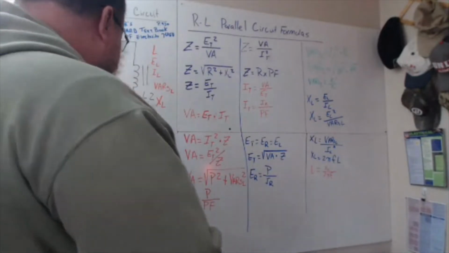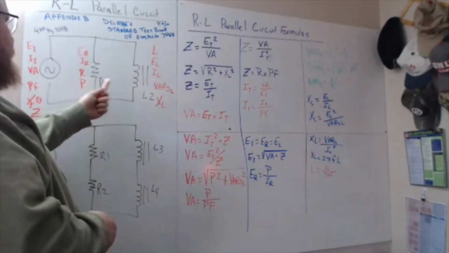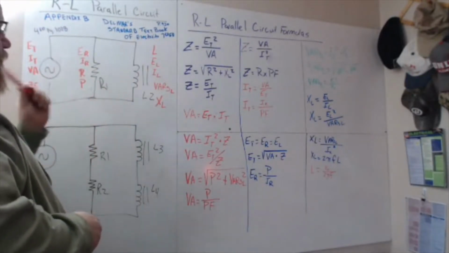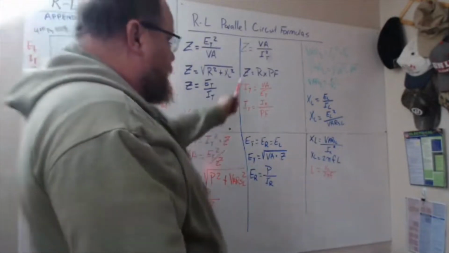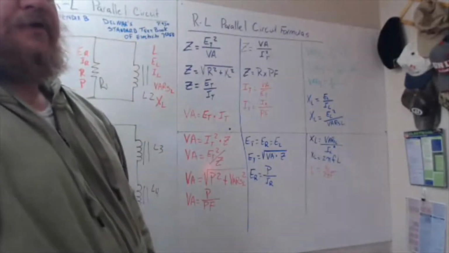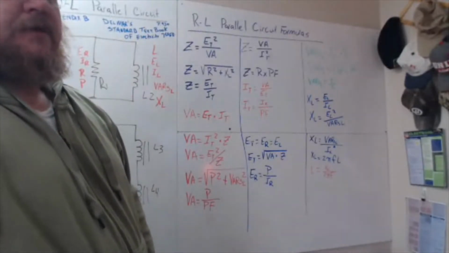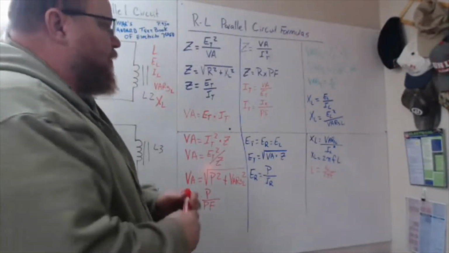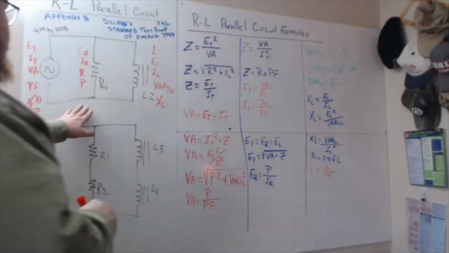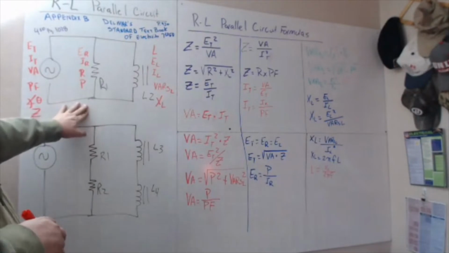In a parallel setup, as we find our totals or our givens, we can use any of these formulas as we need to with the information that's given in order to find the missing values. So you'll see this is a simple version of a parallel circuit.